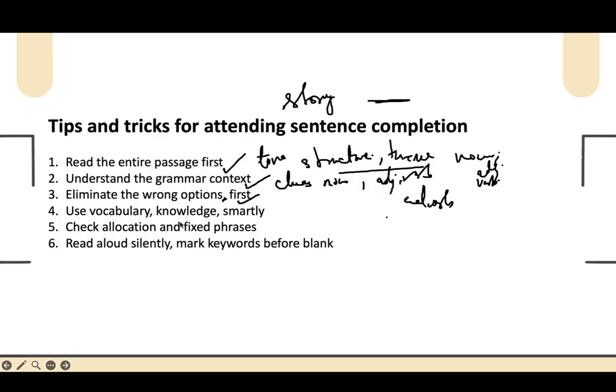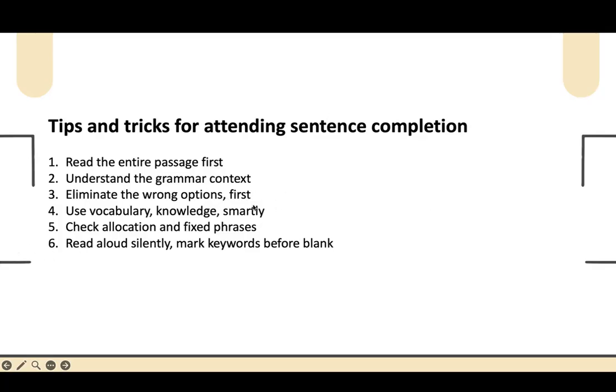Next is use vocabulary knowledge smartly. It does not mean that you will start just mugging up the words. Don't mug up the words. And for this, eliminate the wrong options. How do you eliminate the wrong options? First of all, be clear about this. When we are talking about eliminating the wrong options, first see what obvious option is wrong, that always stands out.